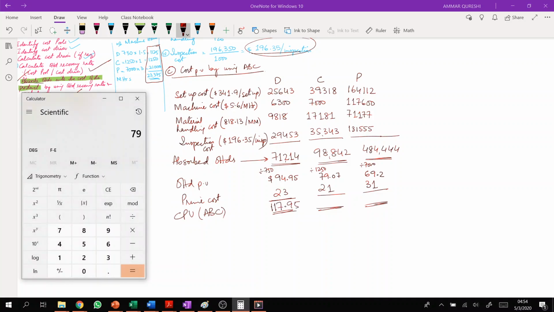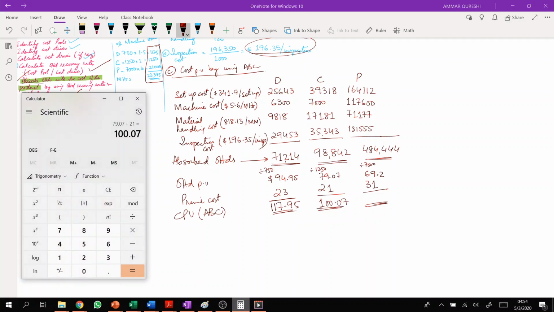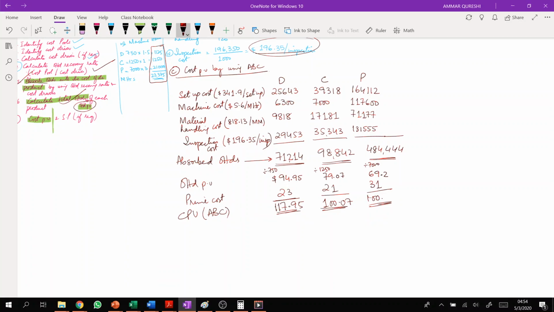And then 79.07 plus 21, that makes around 100.07, right? And the last one is 69.2 plus 31, that makes 100.2, right? So these are costs calculated by using activity based costing principles.